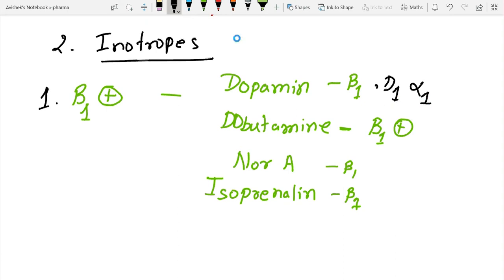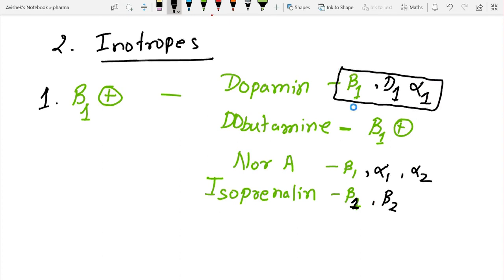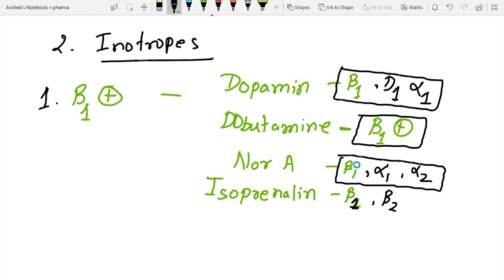Noradrenaline works on beta 1, alpha 1 and alpha 2. Isoprenaline works on beta 1 and also on beta 2.